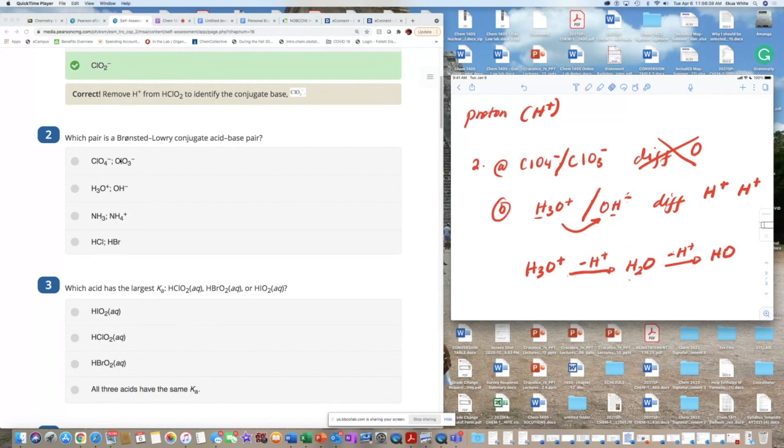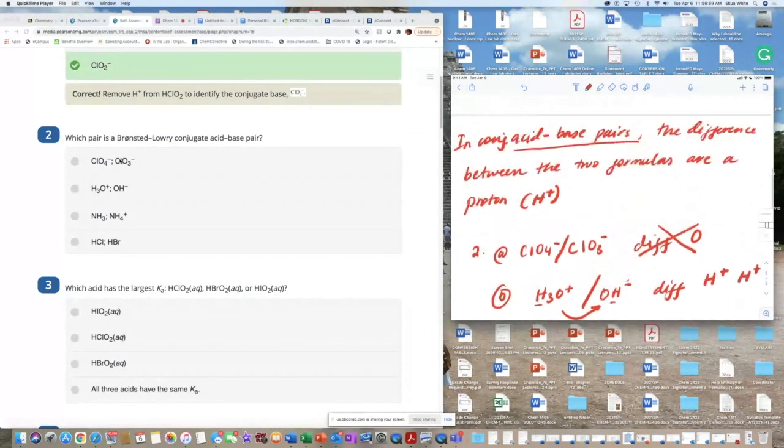Now it becomes negative, but it's not written like that. It's written like this, OH minus. So to go from H3O plus to OH minus, 2 H pluses have to be lost.